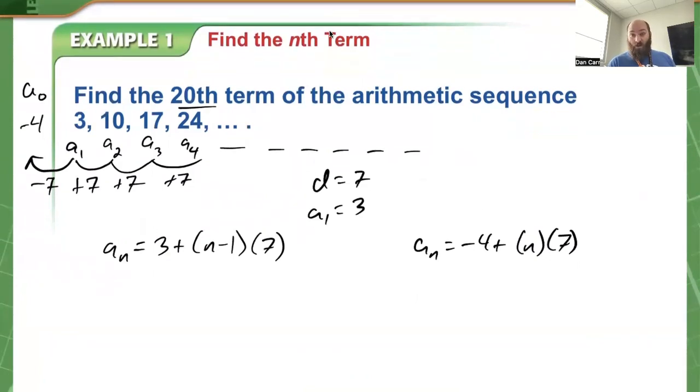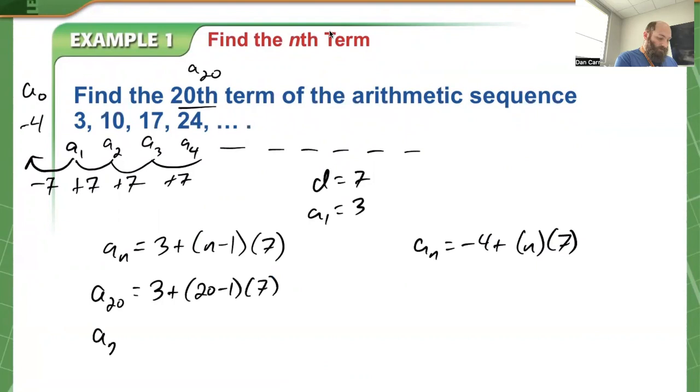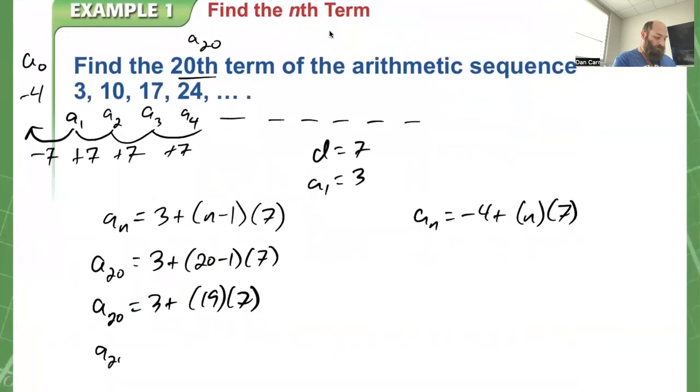It doesn't really matter which one I use, because watch what happens when we find the 20th term, in this case a sub 20. A sub 20 is equal to 3 plus 20 minus 1 times 7. That's 3 plus 19 times 7, and 19 times 7 plus 3 gives me 136.